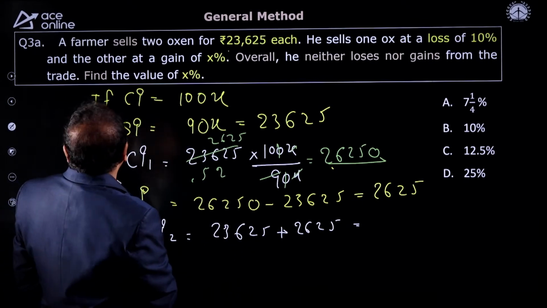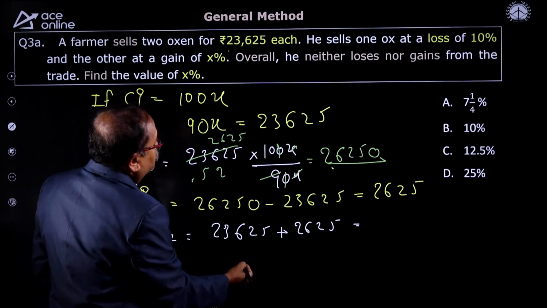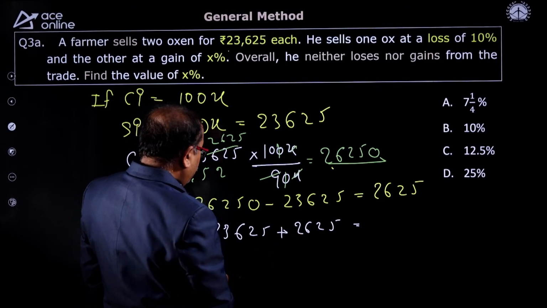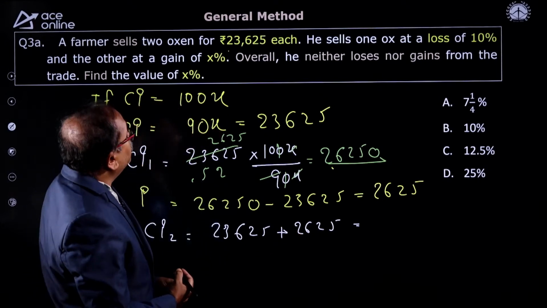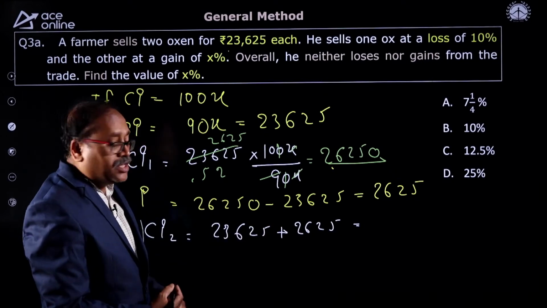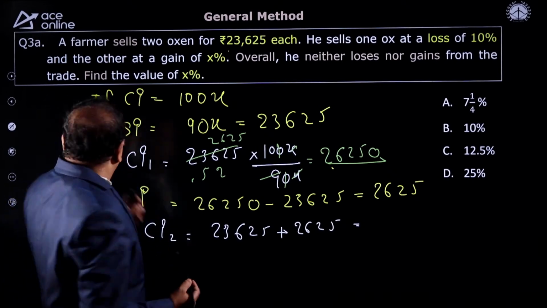In the other case, this was the selling price, and then you will be subtracting, right? Because there is a profit here. So you need to subtract here.